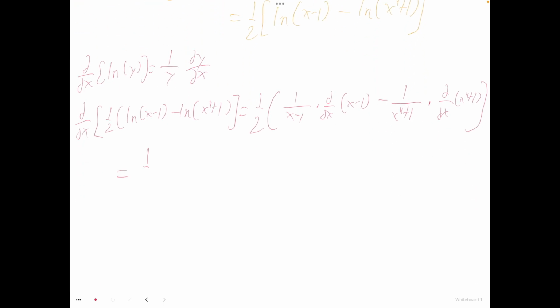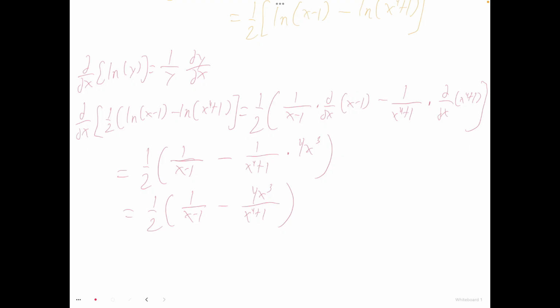So again, we're just using the chain rule there. So this becomes 1/2 times 1 over x minus 1 times the derivative of x minus 1, which is just 1. And then we have minus 1 over x to the fourth plus 1 times the derivative of x to the fourth plus 1, which is 4x cubed. So this is 1/2 times 1 over x minus 1 minus 4x cubed over x to the fourth plus 1. So that then is our derivative of the right-hand side.